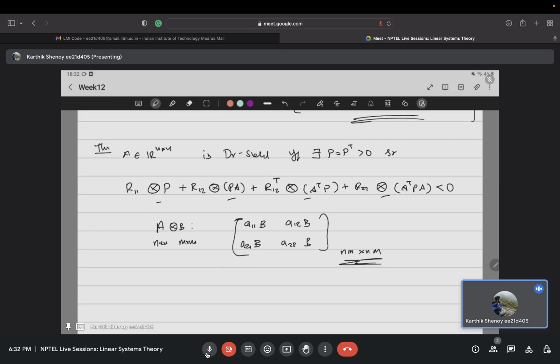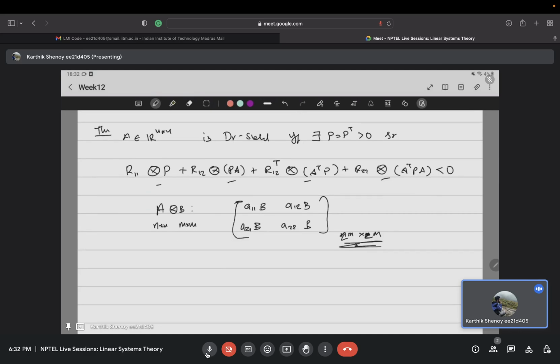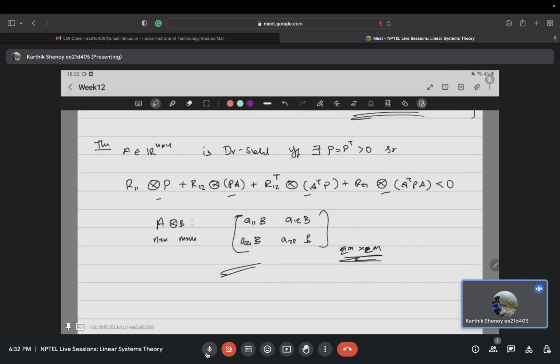In this case it is a 2m cross 2m matrix. So that is the Kronecker product. Now, how to check? Again we will have to use MATLAB because you can't compute all these by hand.